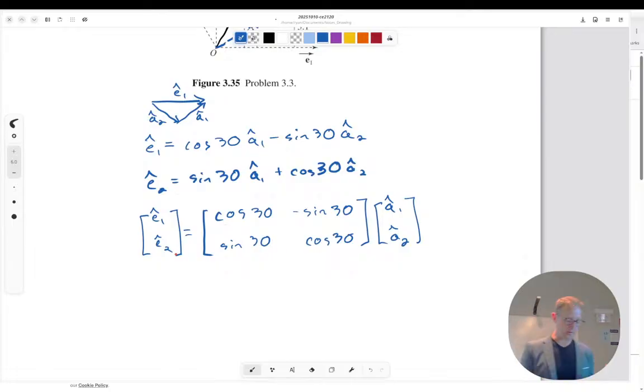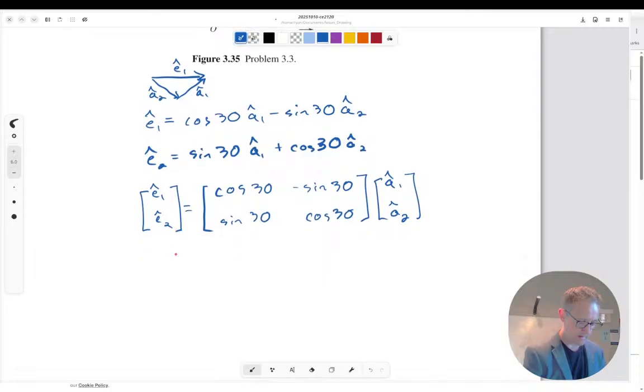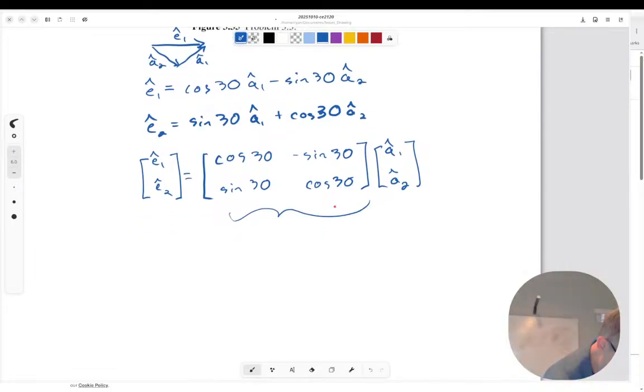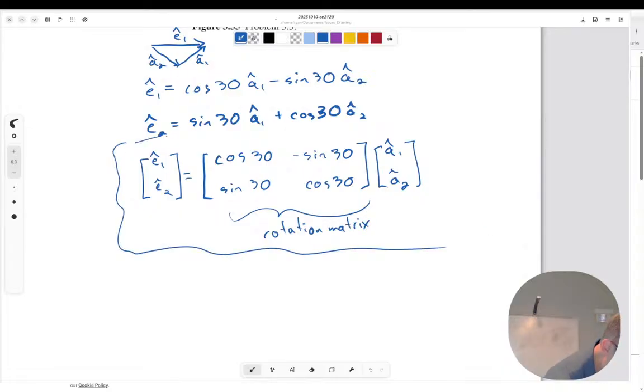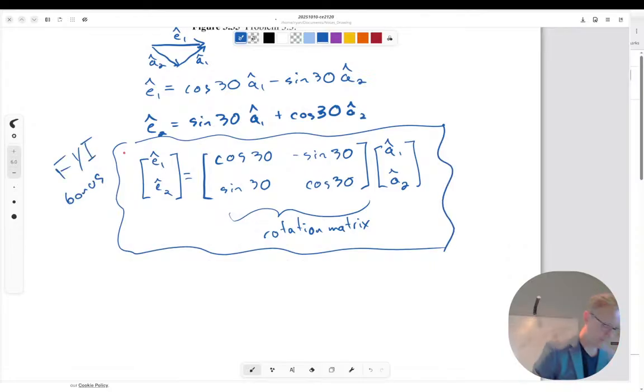If you're trying to remember how to rotate a vector, and again, this is just for your information, bonus material.